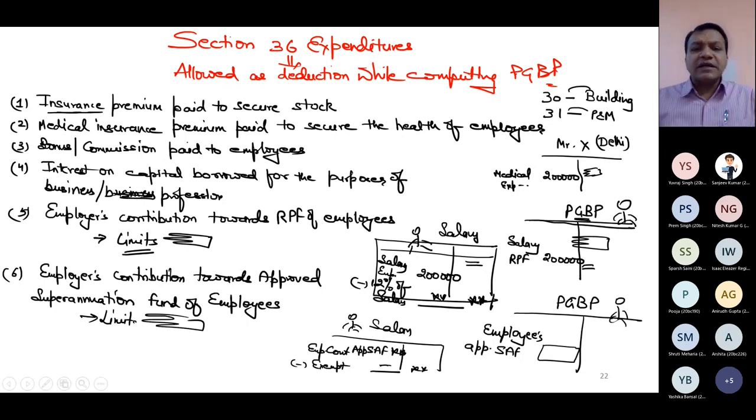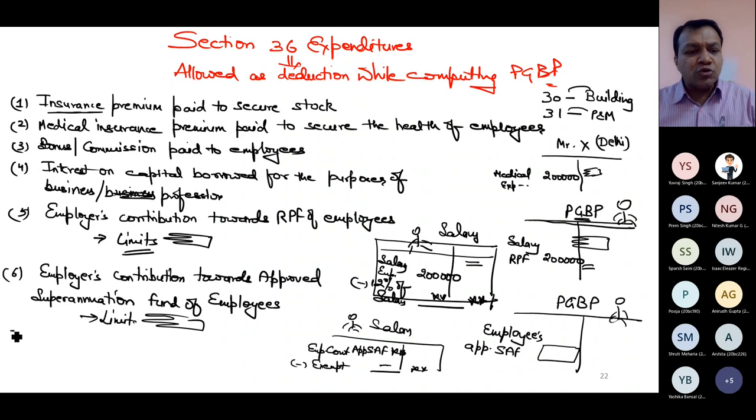Theoretically, I will assume that whatever the employer is contributing is within the limits of approved superannuation fund. That's it. So for your level, it is simple. You will show the entire amount on the debit side. As far as salary is concerned, the same amount will go to the employee. Then you have to remember the rules of salary, how much is exempt and how much is taxable. Seventh point.